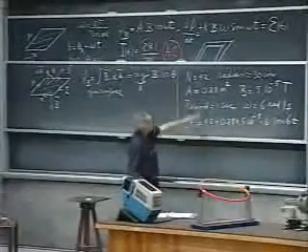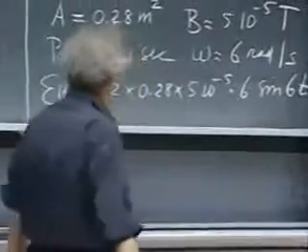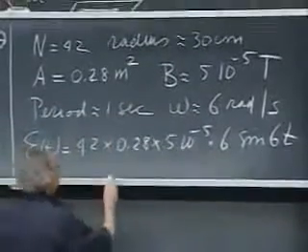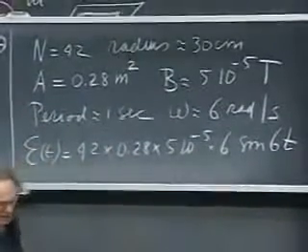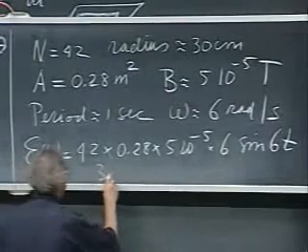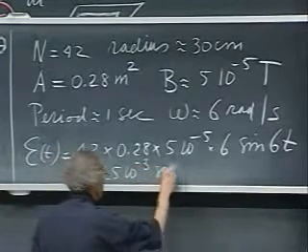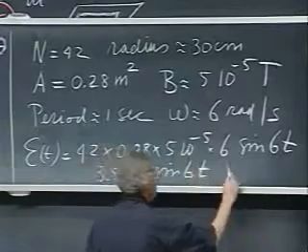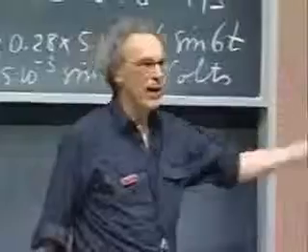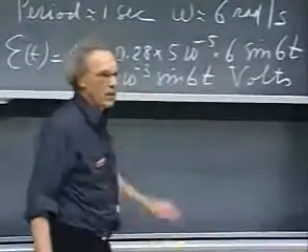The only difference is we have a capital N now here because we have n windings in the closed loop. And this number here in front of the sine 6t, you should check that, is about 3.5 millivolts. 3.5 times 10 to the minus 3 times the sine of 6t, and that now is in volts. So you get an alternating EMF, positive, negative, and the maximum value that you would get is 3.5 millivolts.